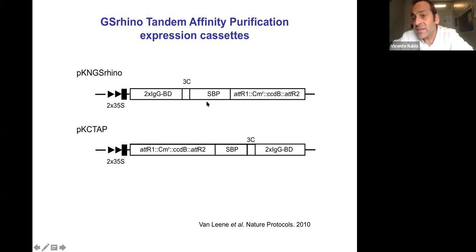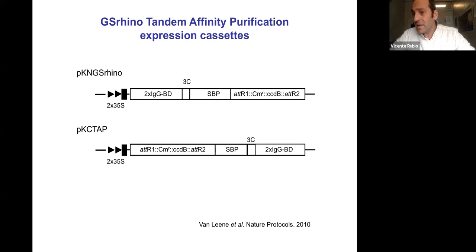Unless you have functional data or evidence showing that the C-terminal or the N-terminal one is the appropriate one, usually we make fusions to the two different versions, produce both of them, and see whether both are readily pulling down proteins and whether those potential interactors are meaningful or not.